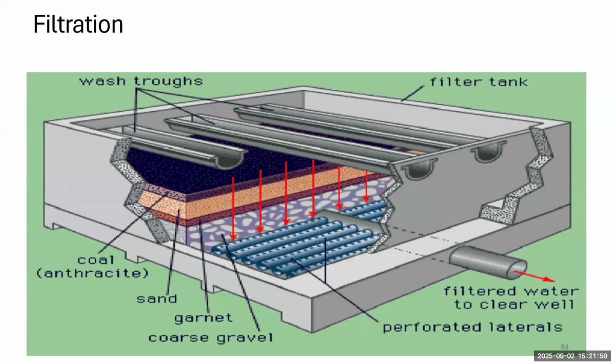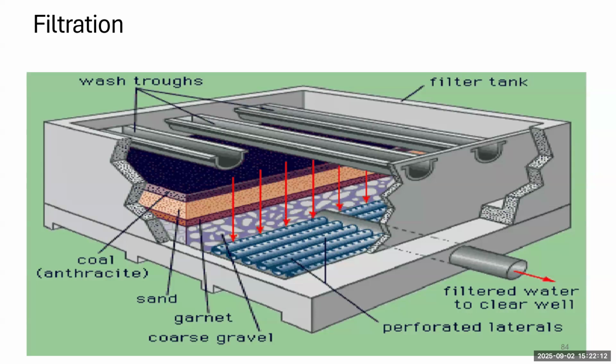And now we're going to move on to filtration here. You can see a picture of a gravity filter here. There are different layers of media: anthracite, sand and garnet. On the bottom, it says perforated laterals. That is our collection system where we collect the clean water.